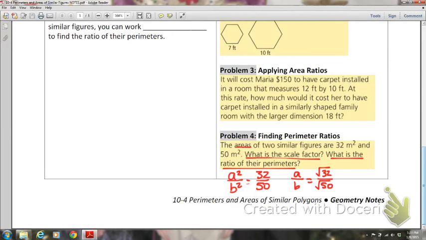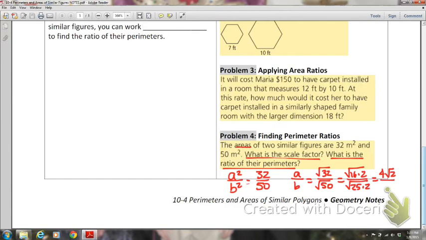So if we simplify those two radicals, the square root of 32, 32 is 16 times 2, and 50 is 25 times 2. So I can take the square root of the 16 out as a 4, leave the 2 under the radical.